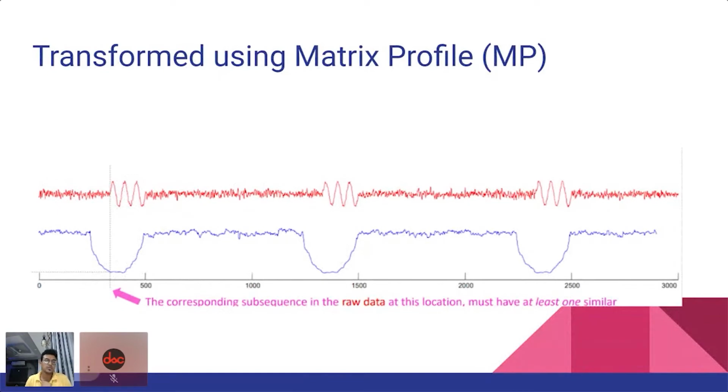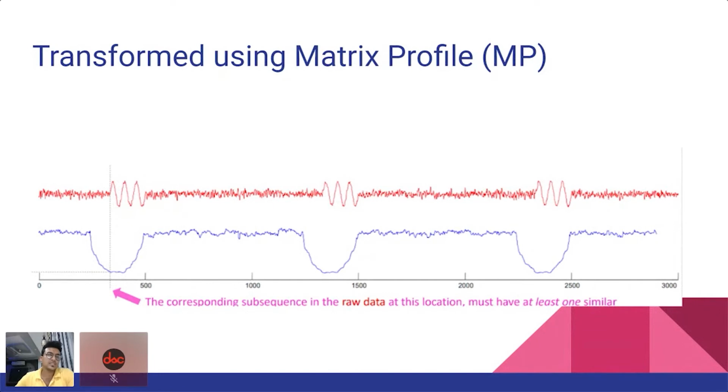Those anomalies just stand out from the rest of the data set. They become very significant and it becomes very easy to separate them from the normal data. It's really magic how it does that, and it's very easy to use. So you can try this whenever you are working next on your time series data set.